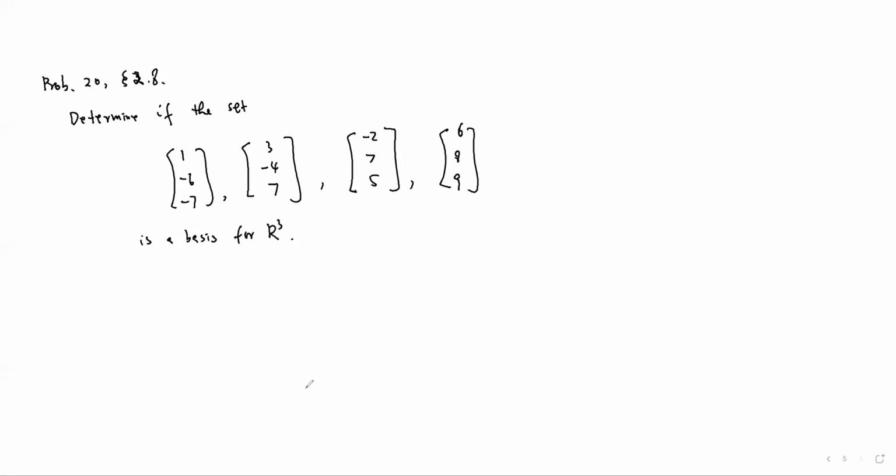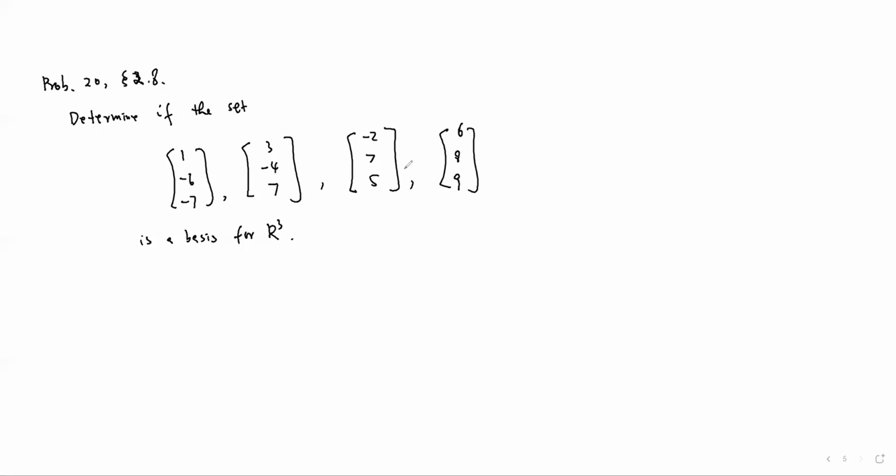Now this time, the answer clearly is no, because R3 is three-dimensional. Each basis has only 3 linearly independent vectors. Now this set has 4 vectors, so this set is not a basis.